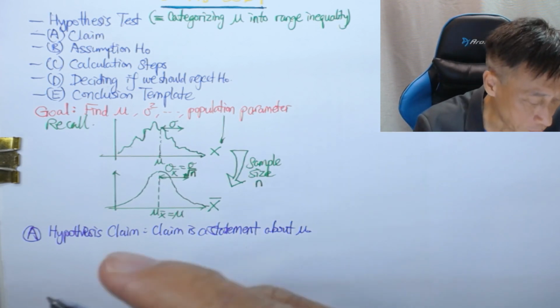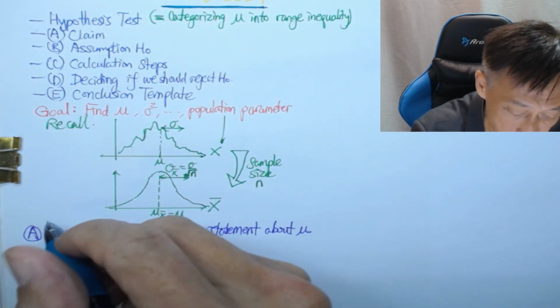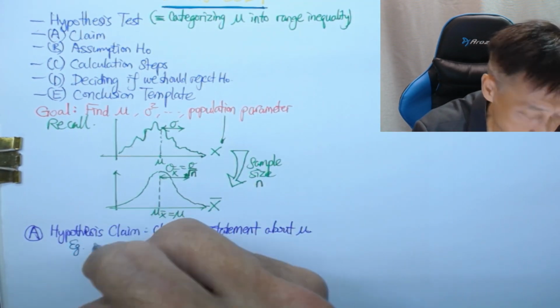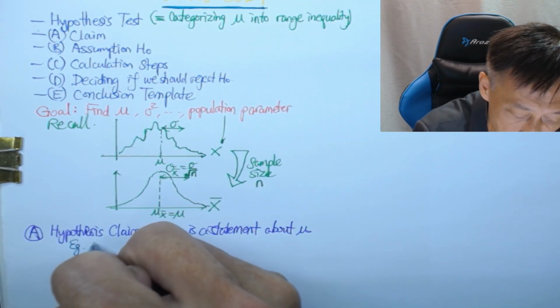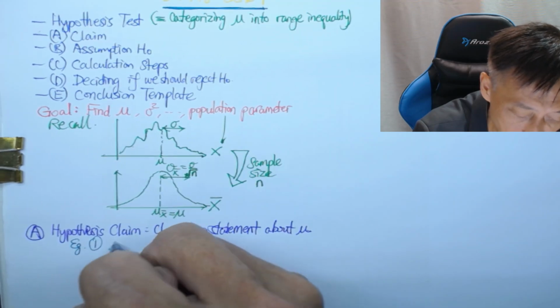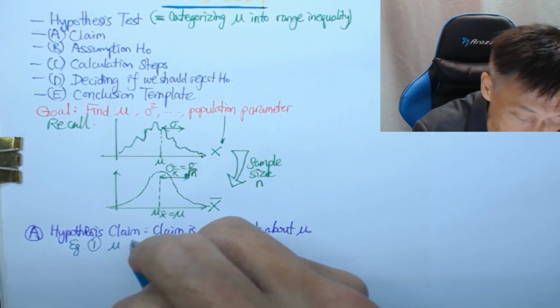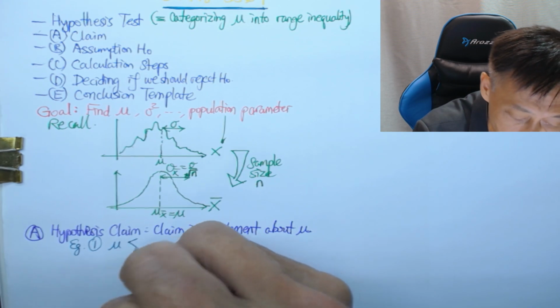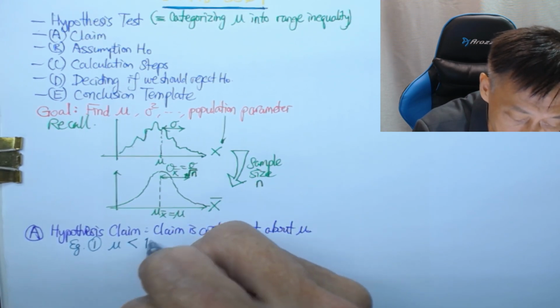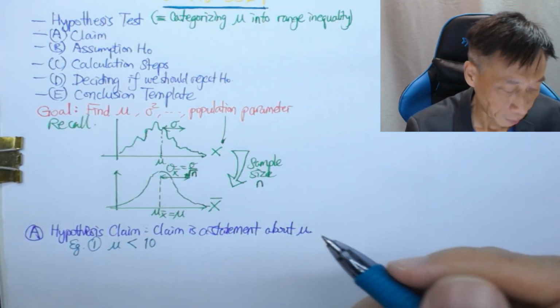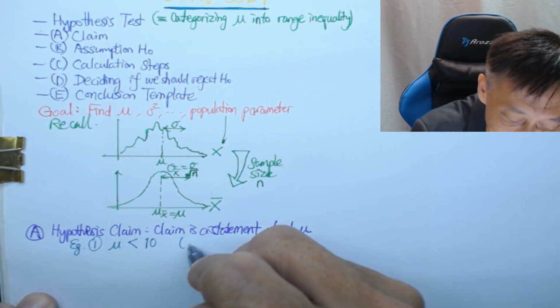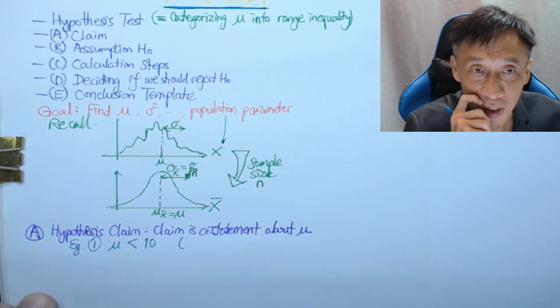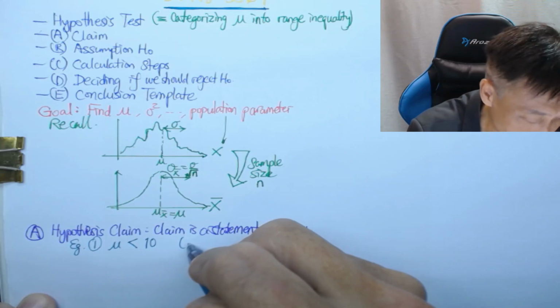So an example could be that the claim is that mu is very low. Okay, so someone says, or maybe your friendly colleague says, "Hey, you know what?